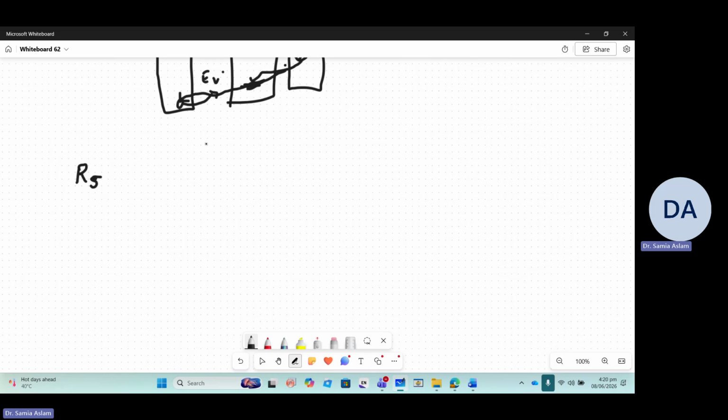There is a poor deposition of one layer on the other. All this corresponds to series resistance, right? That is a parasitic resistance which is eating up the performance of the cell.